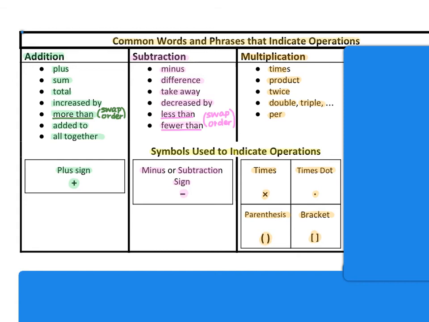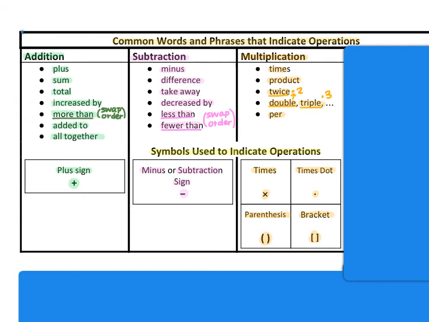But when we advance into high school math, we start using this symbol because now that symbol looks like a variable x. So we don't want to confuse it with the variable x, so we refrain from using it. So there's 3 other ways that we can show multiplication. We can use the times dot, we can use parentheses, or sometimes you'll see brackets being used.